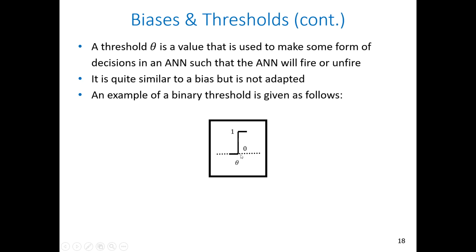Whenever S is less than theta, the output is 0. A threshold theta is a value that is used to make some form of decision in an artificial neural network such that the artificial neural network will fire or not fire. It is quite similar to a bias, but it is not adapted. So we have to set the value of the threshold beforehand. We do not change it. An example of a binary threshold is given as follows.